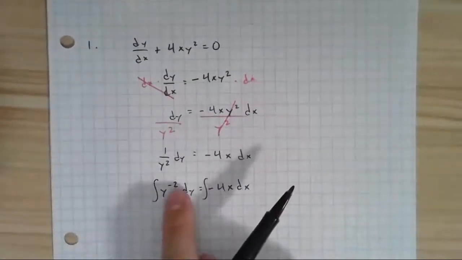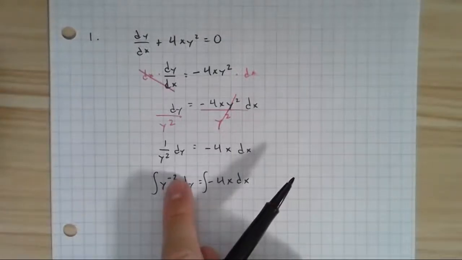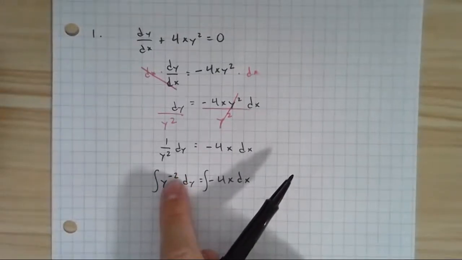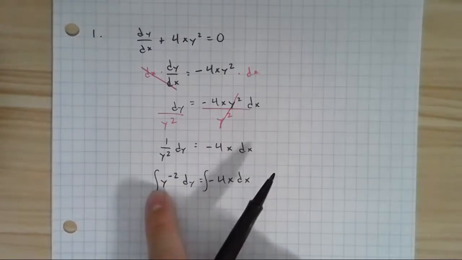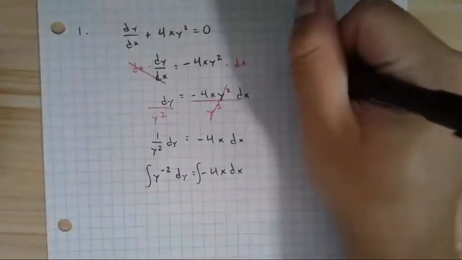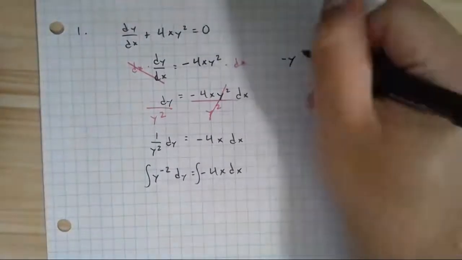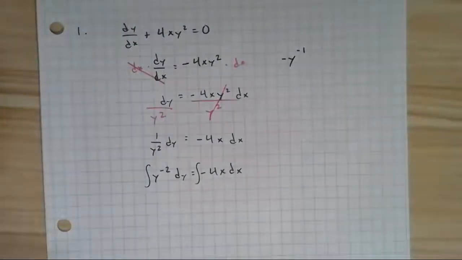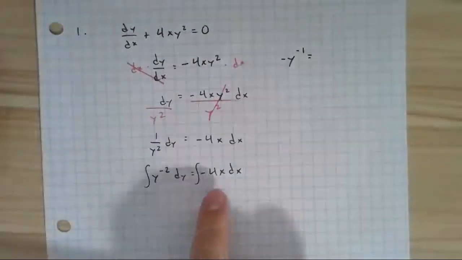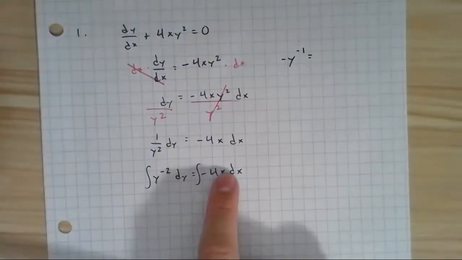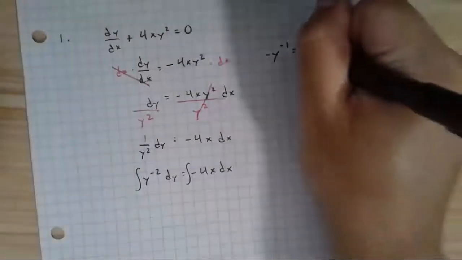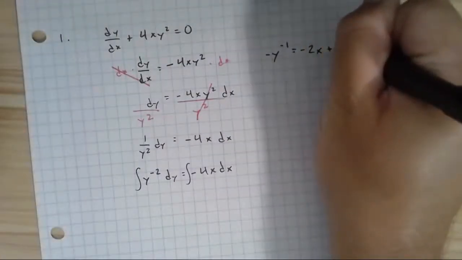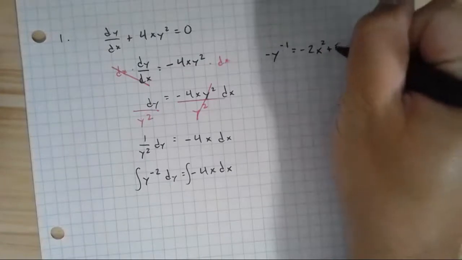So right here, if I'm going to integrate this, I'm going to add 1 to the exponent and divide by that new exponent. If I add 1 here, I get negative 1, so I'm going to divide by negative 1. So I'm just going to get negative y to the negative 1 is equal to, here, add 1 to the exponent, I get 2, so divide by 2, negative 2x squared plus c.